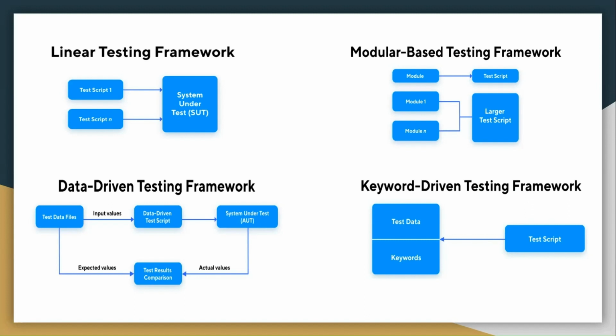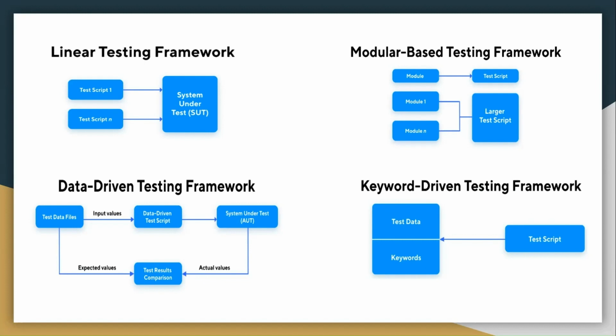So this approach is mainly dependent on keywords. Later, these keywords can be stored in external files like Excel, which makes it very easy to design test cases by passing instructions in the form of keywords. Definitely some code has to be built around that, but that is where we need this approach. The primary advantage of this framework is reusability of keywords in multiple test script designs, and like data driven, it also requires time and expertise.